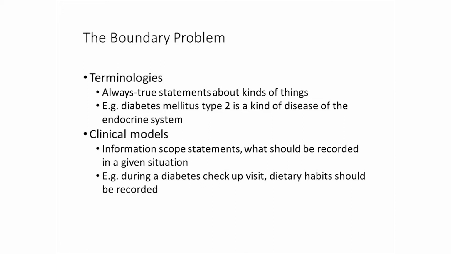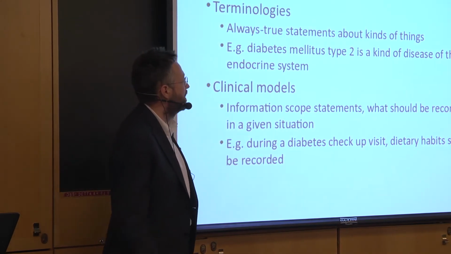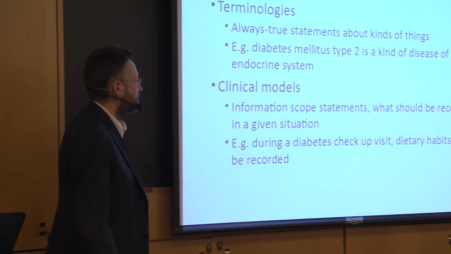So we have what has been called the boundary problem. We have terminologies on the one side, and ideally they always make universally true statements about kinds of things. So for diabetes, the terminology would say that diabetes mellitus type 2 is a kind of disease of the endocrine system, and you could look into SNOMED and see that that's the way it's described there.